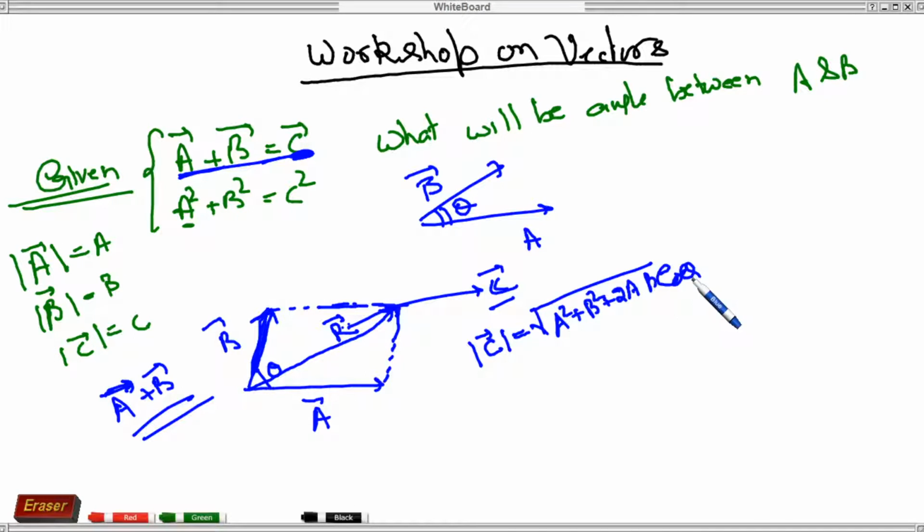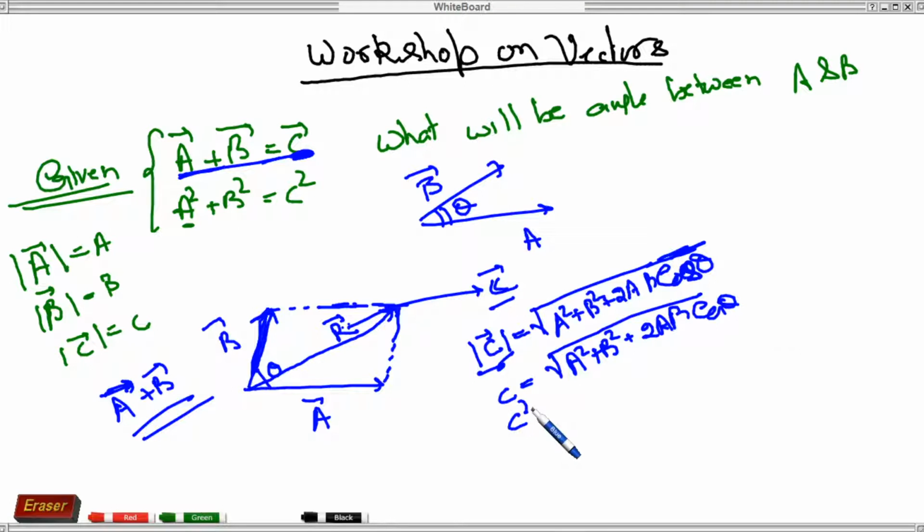This I told you earlier. So you can write C is equal to under root of A square plus B square plus 2AB cos theta. Square it: C square equals A square plus B square plus 2AB cos theta.